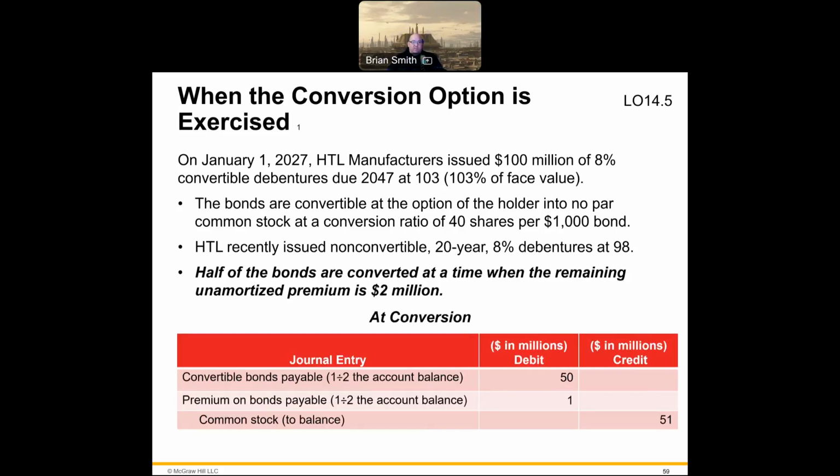Oh, I didn't read that part. I'm sorry, I went back. Half of the bonds are converted at the time and the remaining unamortized premium is 2 million. Okay, then it's one. It's not 1.5, it's one, because we've amortized some of that. I was just confused by that really quick.